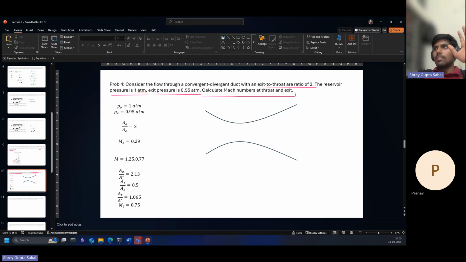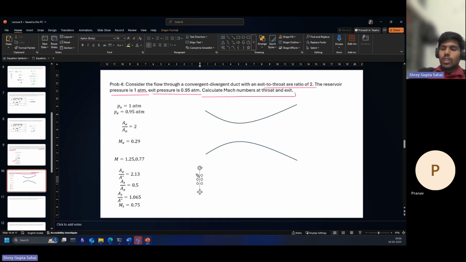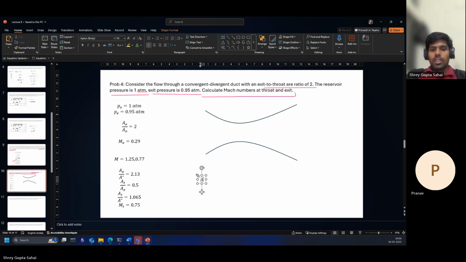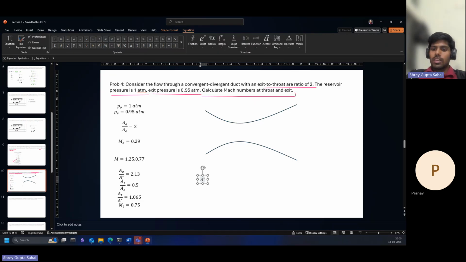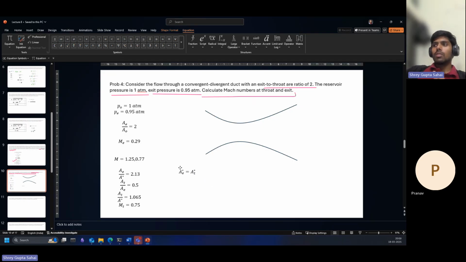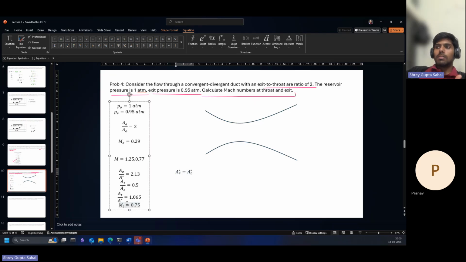A star of exit equals A star of throat. That makes things clear, right? Because there are no shocks or anything, the A star value will remain constant. Using that, we find the Mach number at the throat.